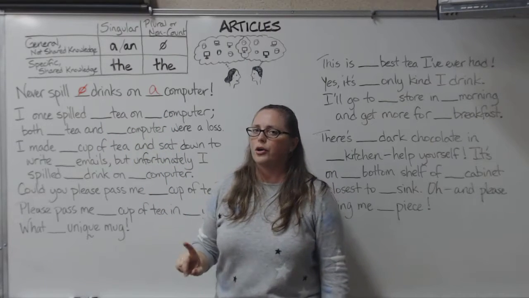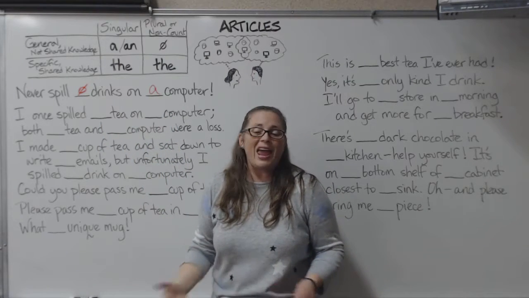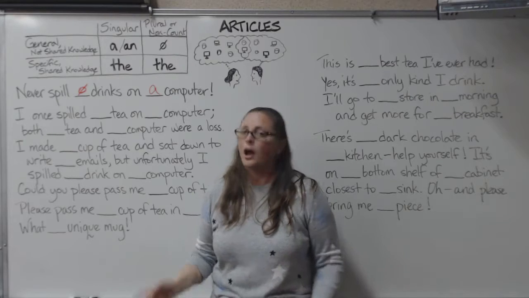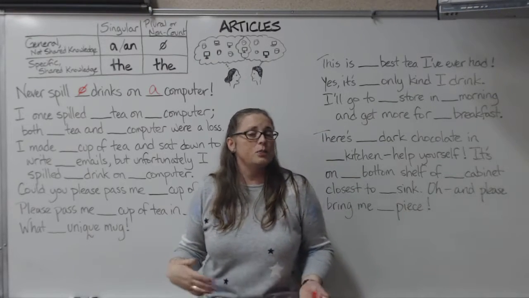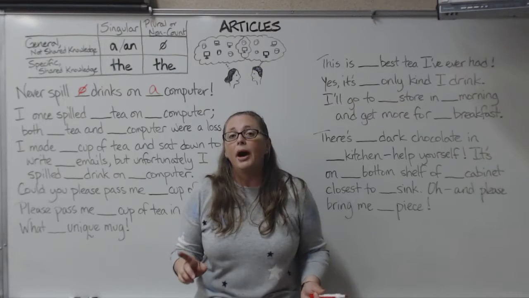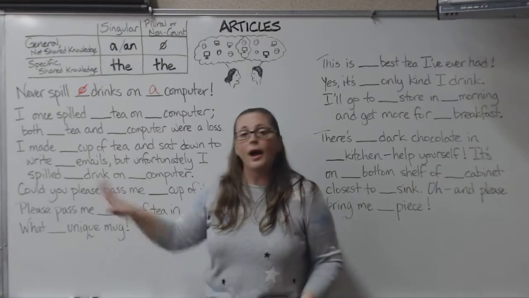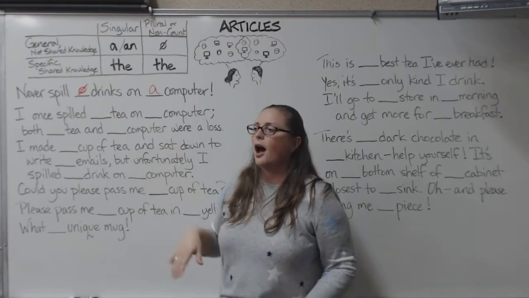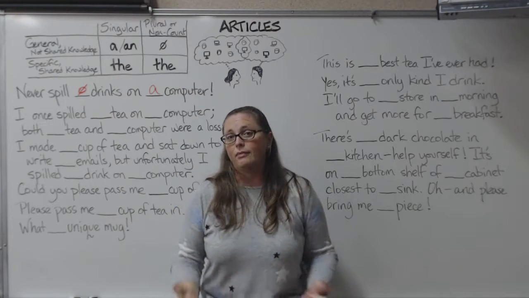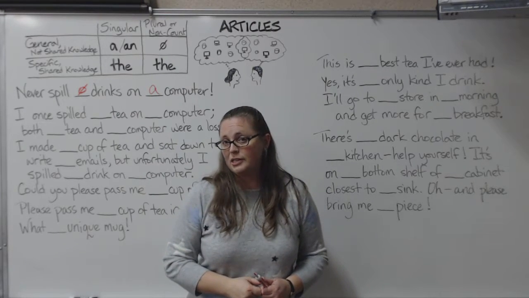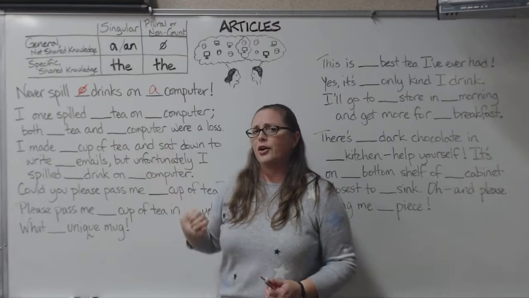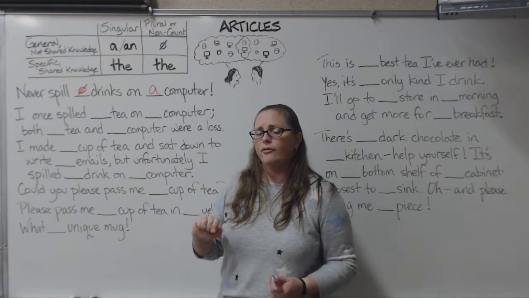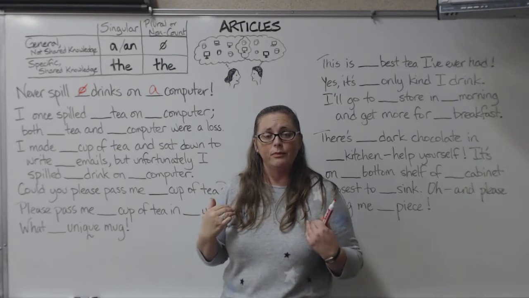Good general rule. Now, look at this sentence right here. I am no longer talking about any computer and any drink. I'm actually talking about a specific drink and a specific computer. But if I'm the speaker and I'm saying this sentence, I'm introducing this information to the listener. The listener does not already share this knowledge of the drink and the computer with me.